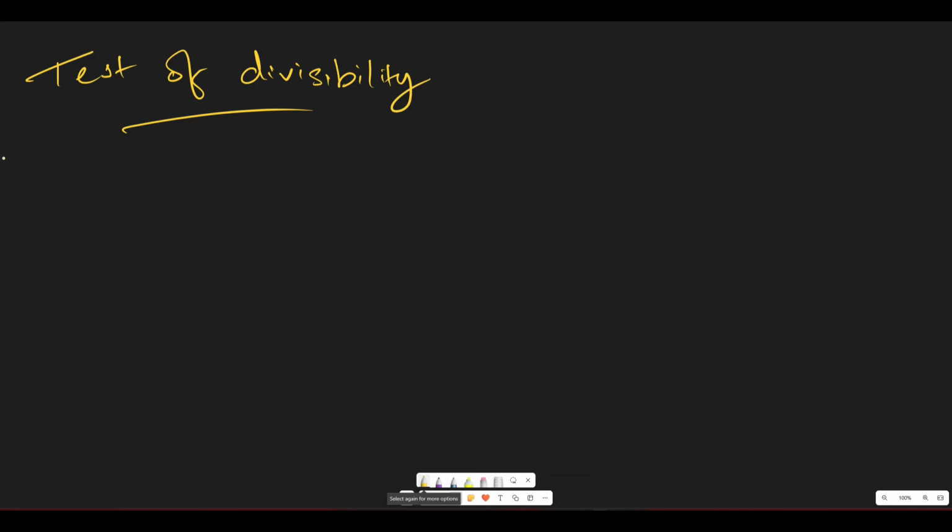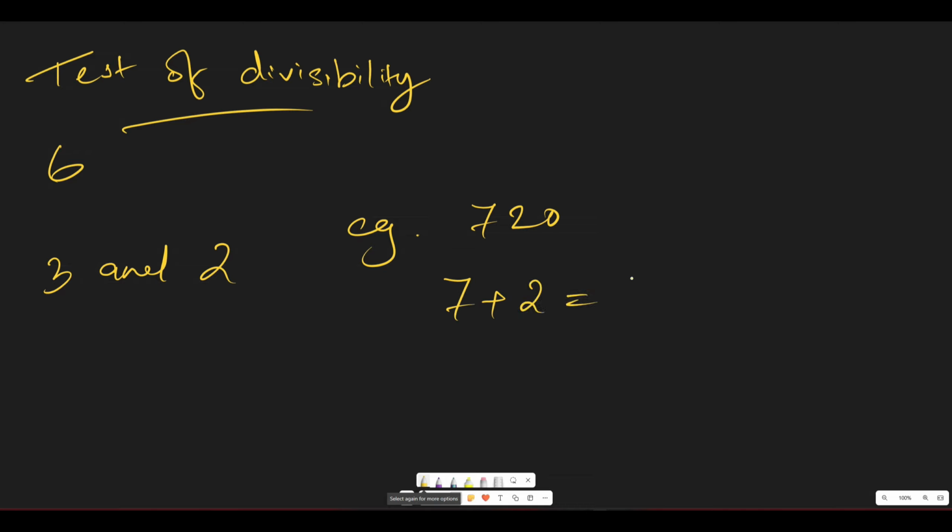Okay. Then divisibility by 6. If a number is divisible by both 3 and 2, then the number will be divisible by 6 also. For example, 720. Here we know 7 plus 2 equals 9, and that is divisible by 3.